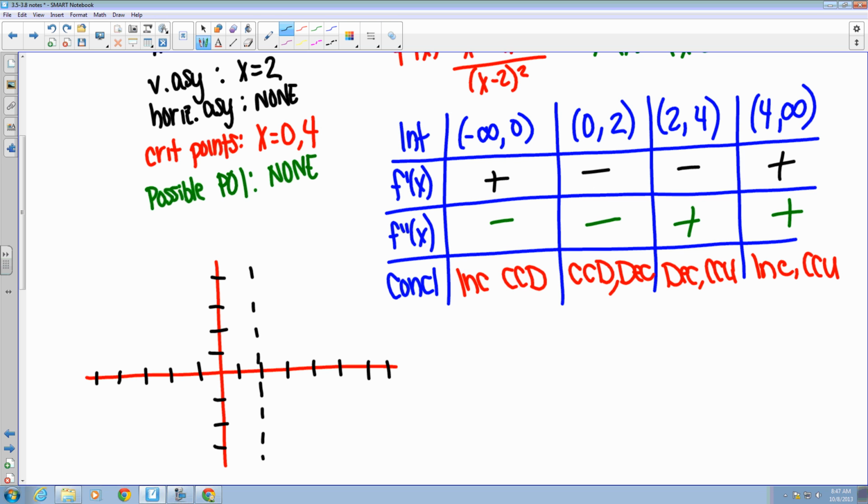Well, we have our extrema. At 0, we change from increasing to decreasing. So this one's going to be a max. And then at 4, we change from decreasing to increasing, which is a min.